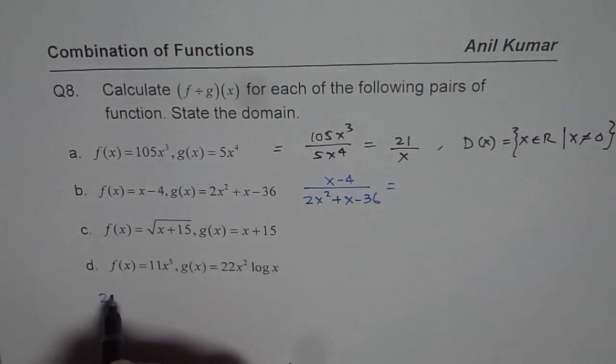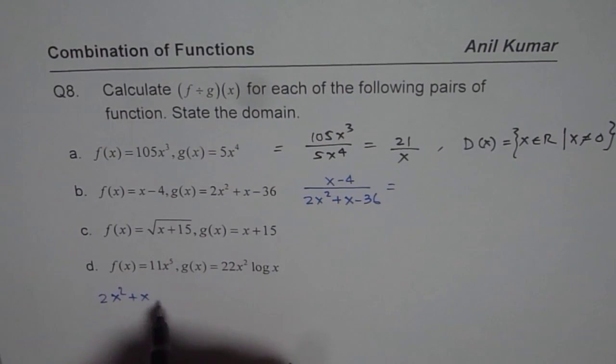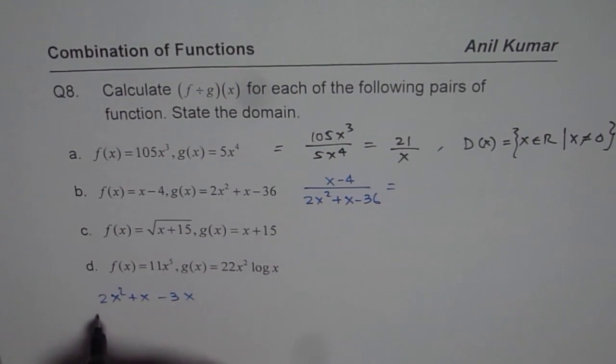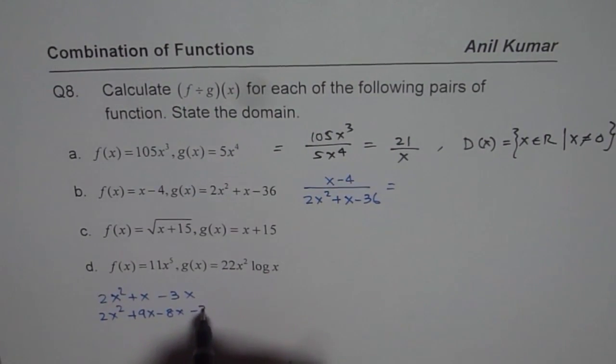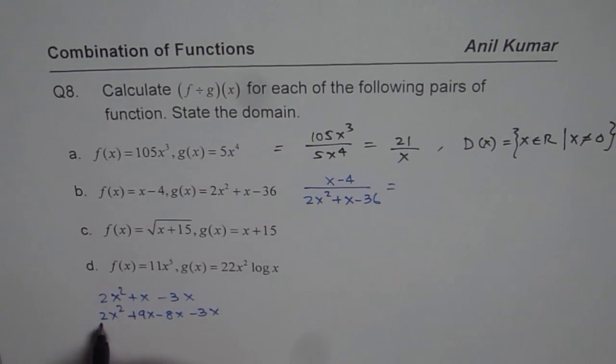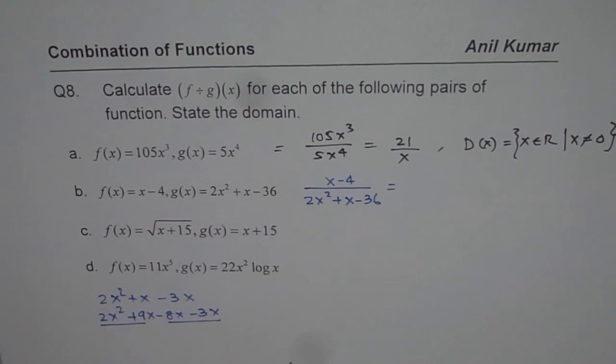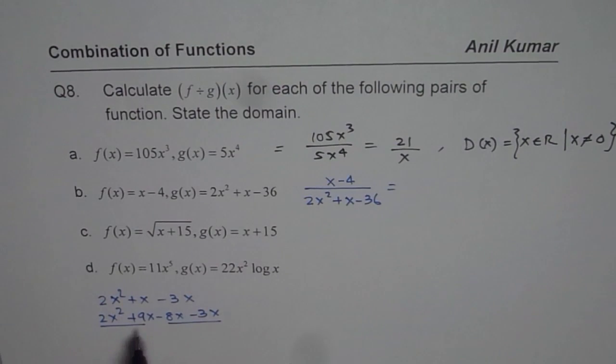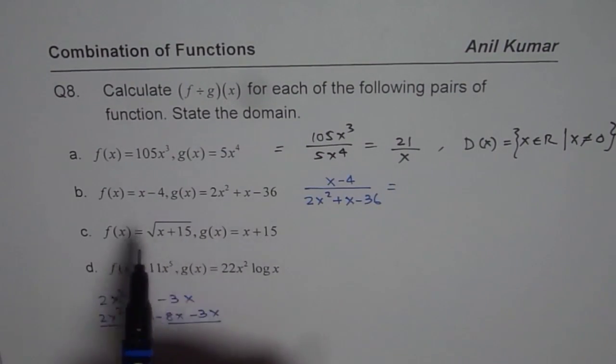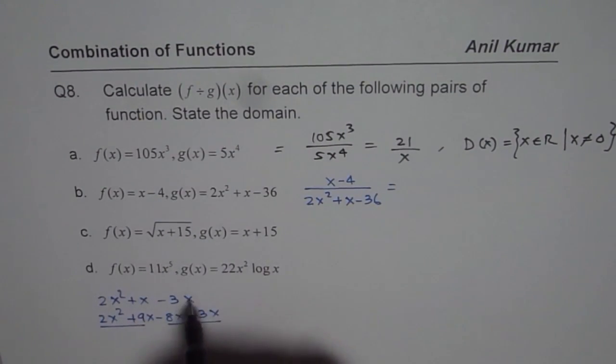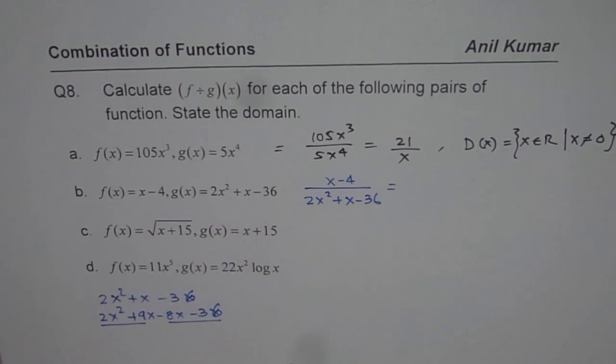So what we have here is 2x squared plus x minus 36. So I'll write this as 2x squared plus 9x minus 8x, correct? 9 times 8 is 72, minus 36. Actually, I wrote something wrong, it is 36, yeah, 36, correct?